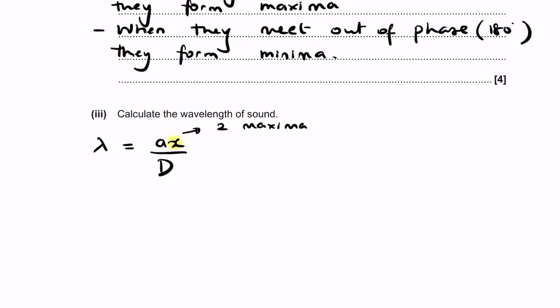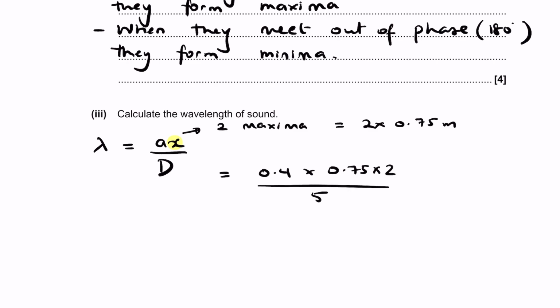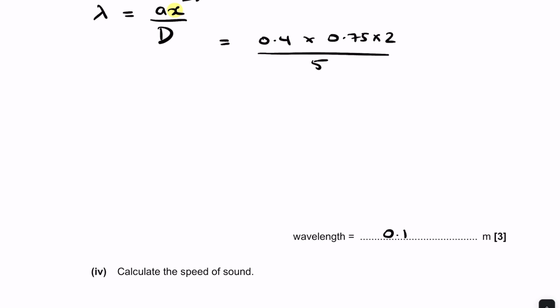So it's going to be 2 times 0.75 meters, and now when we put in all the numbers, we will end up getting an answer of 0.12 meters.